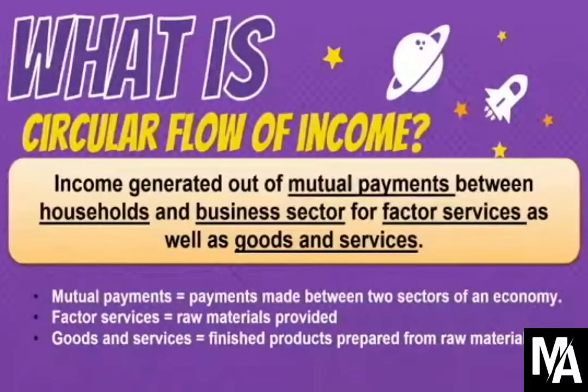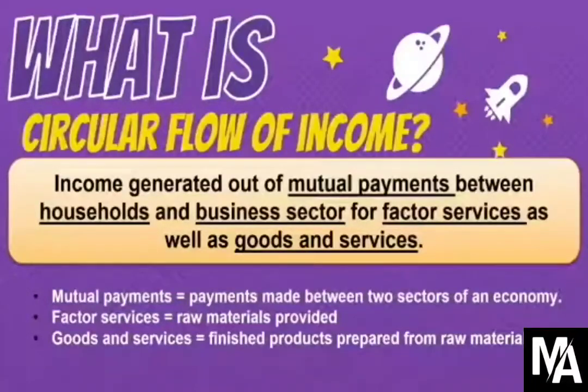So to define what is circular flow of income, the definition is there on your screen. It is nothing but income generated out of mutual payments between households and business sector for factor services as well as goods and services. So let's try to analyze this definition. The first is mutual payments.